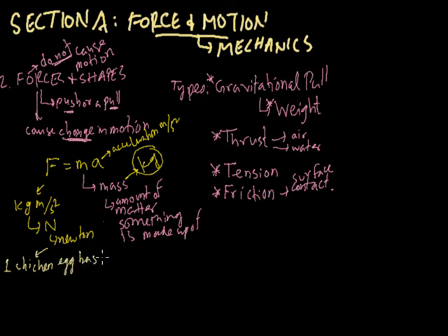It has a weight of 1 Newton. When you hold that chicken egg in your hand, the force that you feel in your hand is 1 Newton. So by definition the unit of force is Newton, but the derived unit of force is kg meter per second square. F equals ma is the formula.